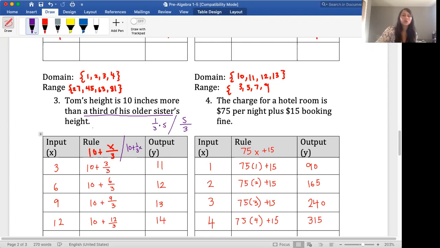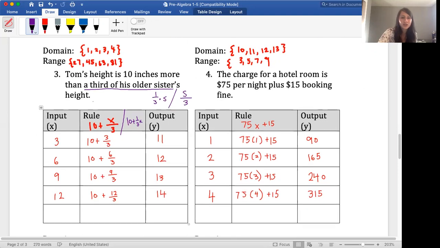Okay, so this one was tricky because you kind of had to strategically pick your input values. And if you chose like 1, 2, 3, 4 to put in, then you would have some really ugly fractions to work with. So if you used a multiple of 3 and put it into the fraction, then whenever you do a multiple of 3 divided by 3, you'll get a whole number, not even, could be odd, right?